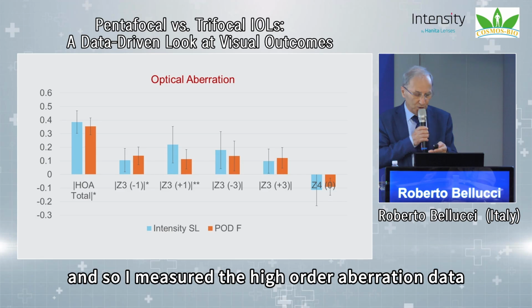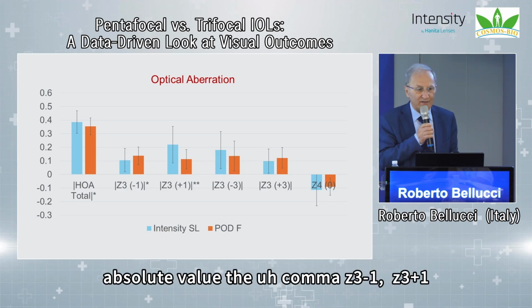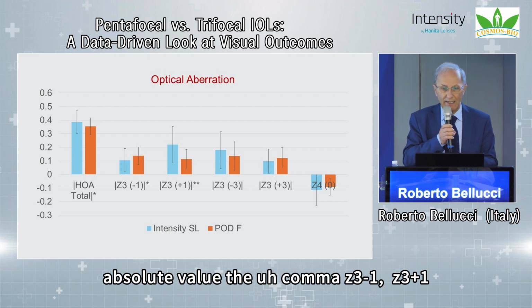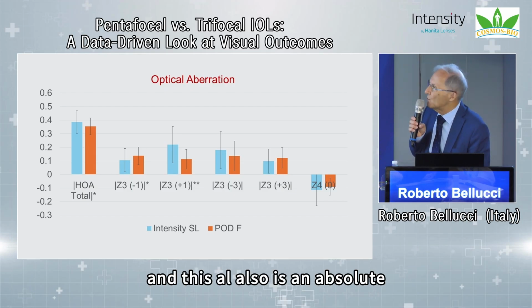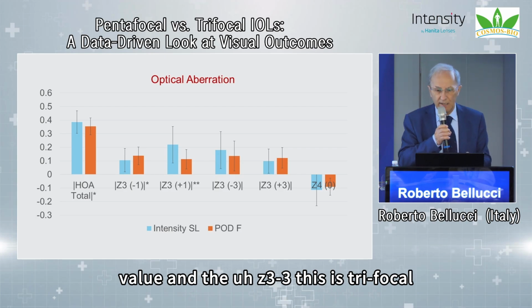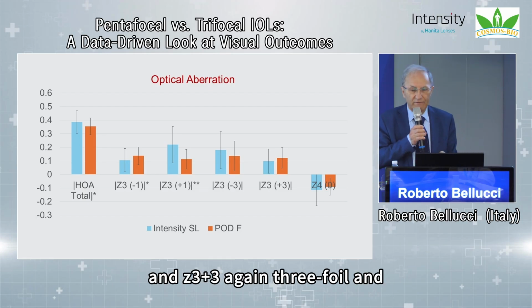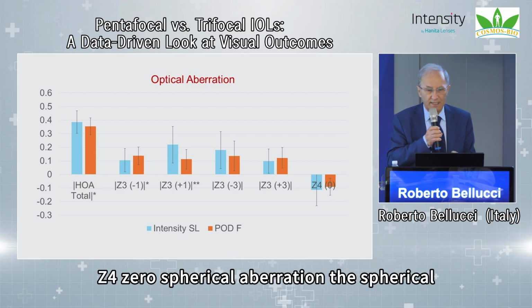And so I measured the total high order aberration, and this is the absolute value. The coma, Z3 minus 1, Z3 plus 1, and this also is an absolute value. And the Z3 minus 3, this is trefoil, and Z3 plus 3 again trefoil, and Z4 0 spherical aberration.